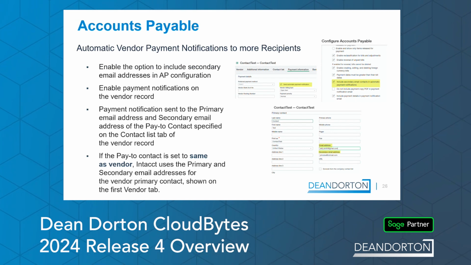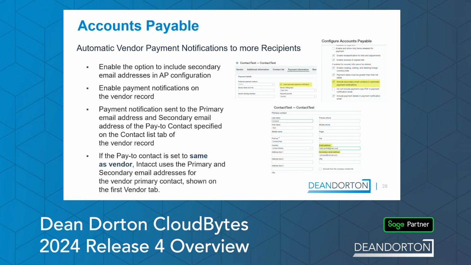Automatic vendor payment notifications to more recipients. And I wish I could see these on this screen, but the pictures are way too small in here. But basically, Sage Intacct is expanding the number of contacts that you can automatically send payment notifications to.